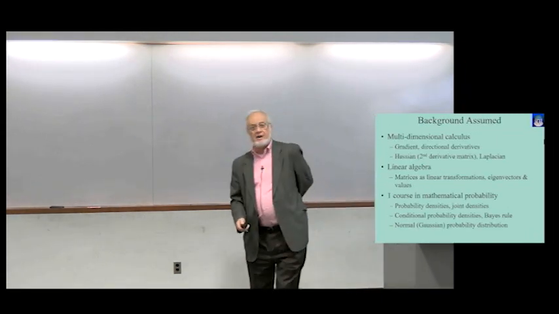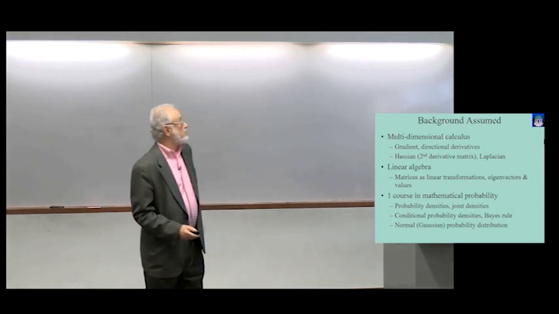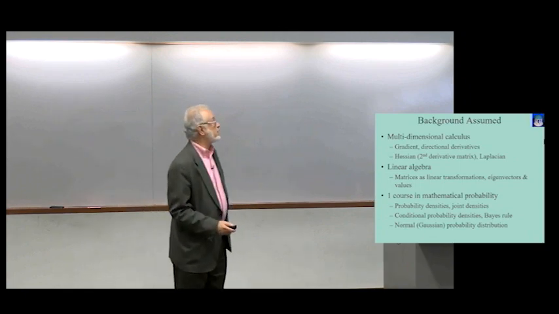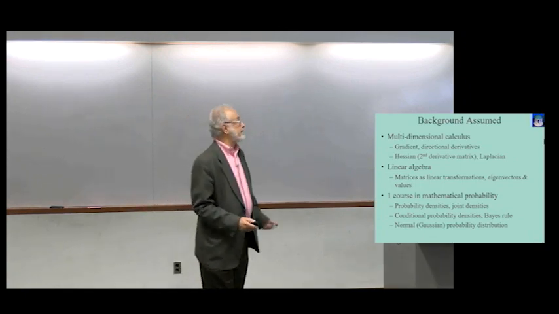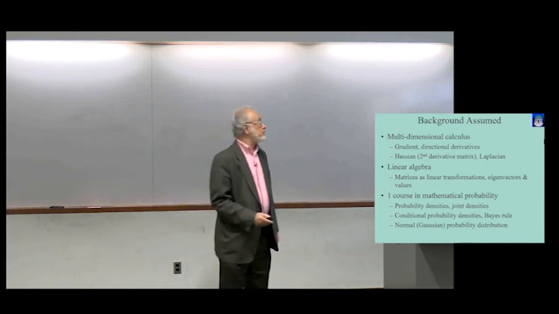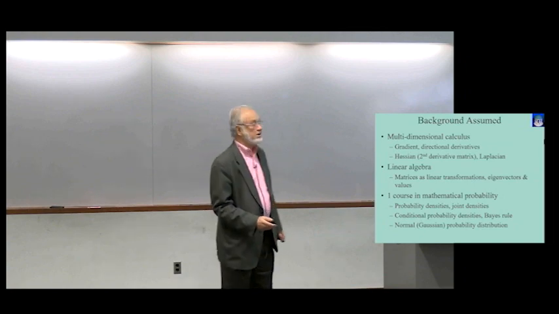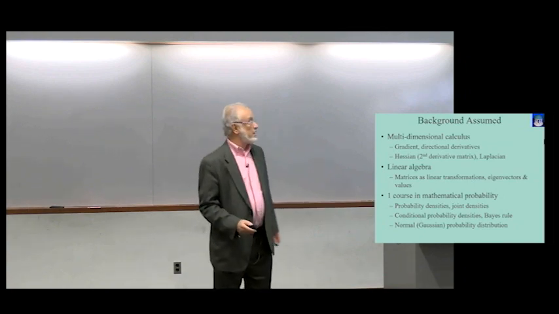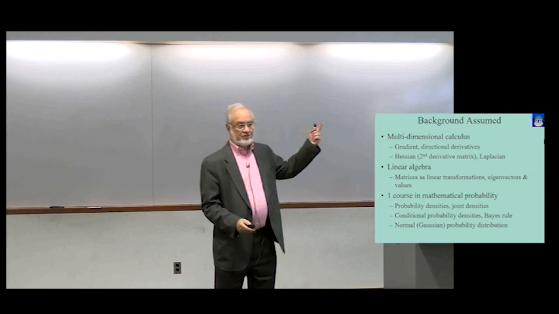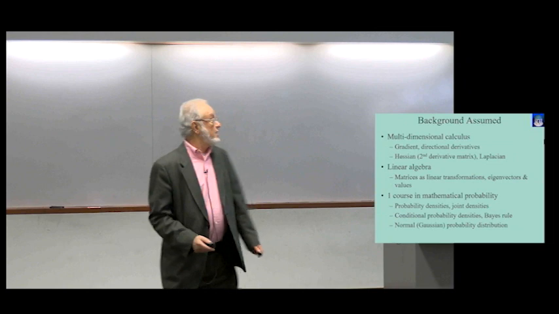Okay, what do I assume in background for y'all? I assume you know multidimensional calculus. What that means is basically you know what a gradient is in n dimensions. You know what a directional derivative is with respect to some direction in n dimensions. You know what a Hessian is, which is a matrix of second derivatives, just as a gradient is a tuple of first derivatives.